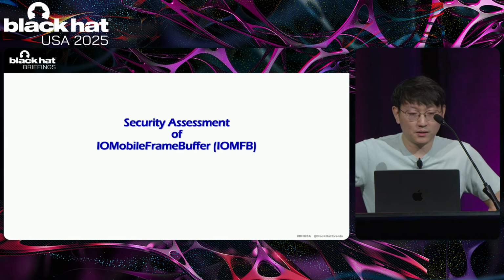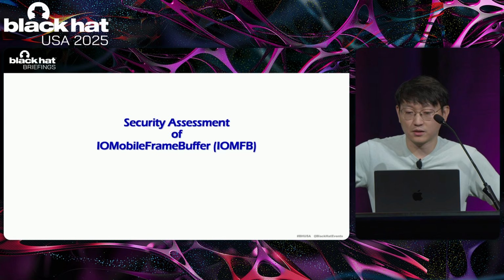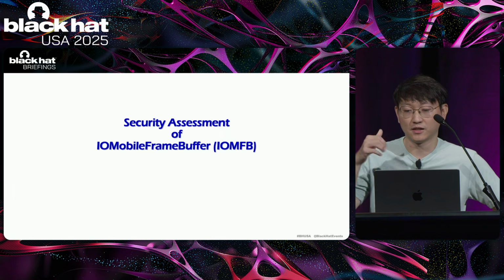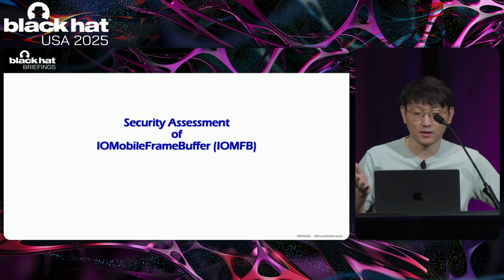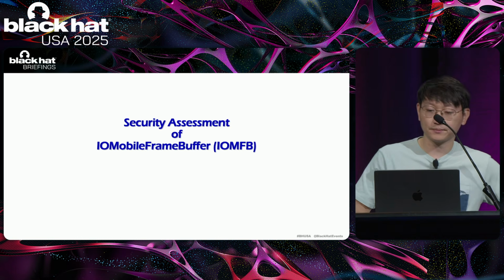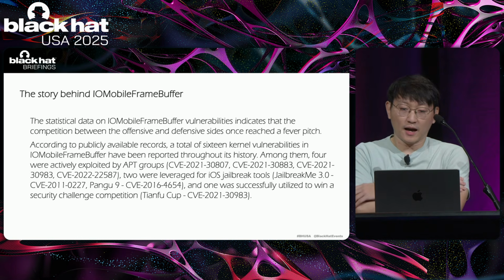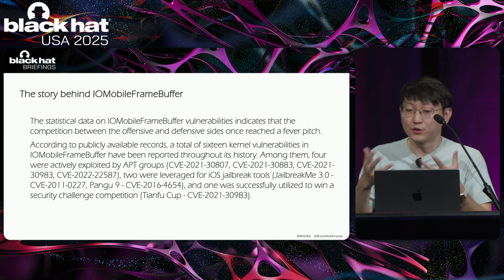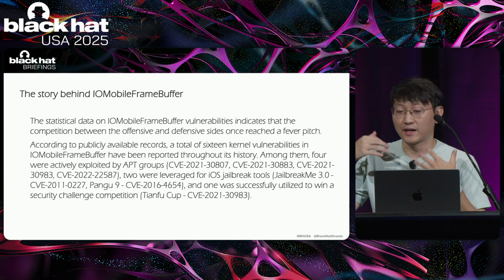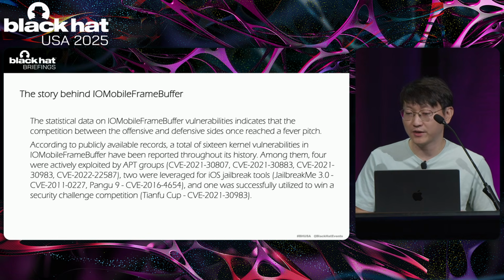Next, I will talk about bugs we found in another kernel component, in particular IOMobileFrameBuffer. If you know this, it's actually a high-profile attack surface in the iOS security community.